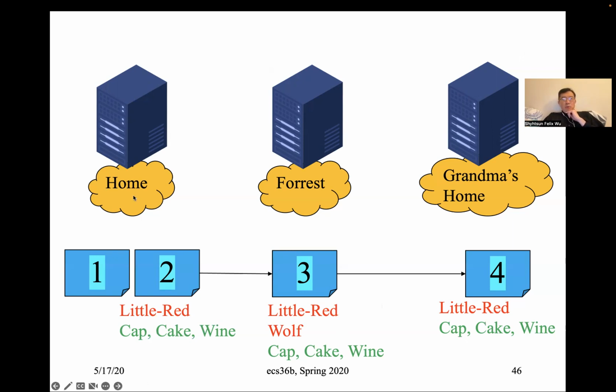When we move from one location as we make progress through the records, it shows the mobility of the object.